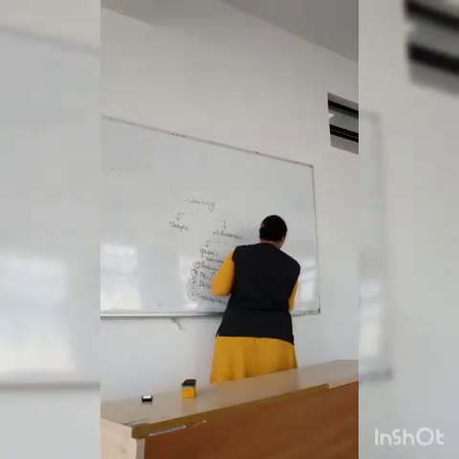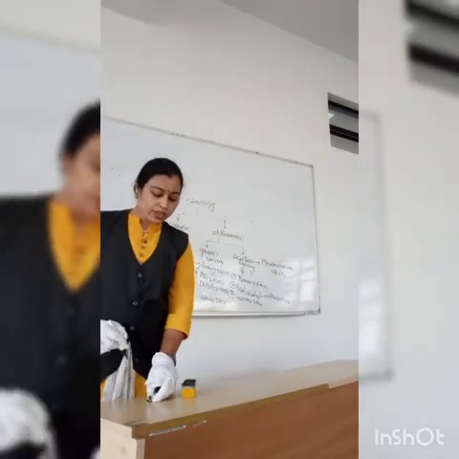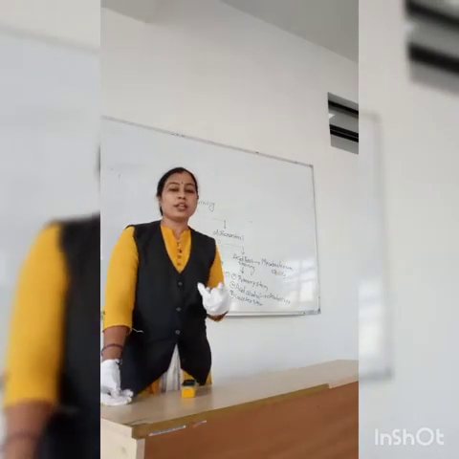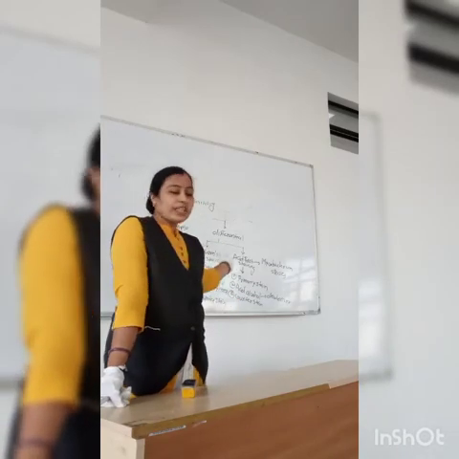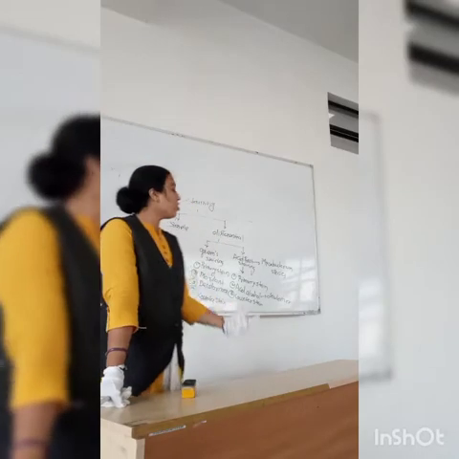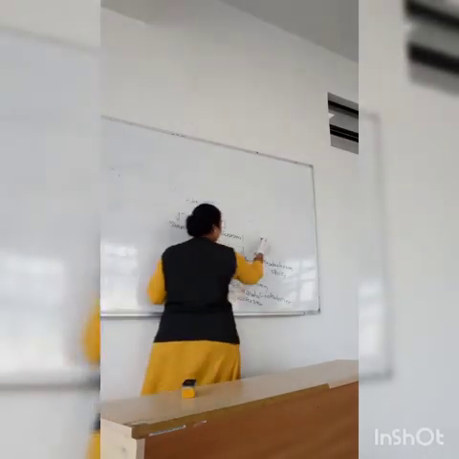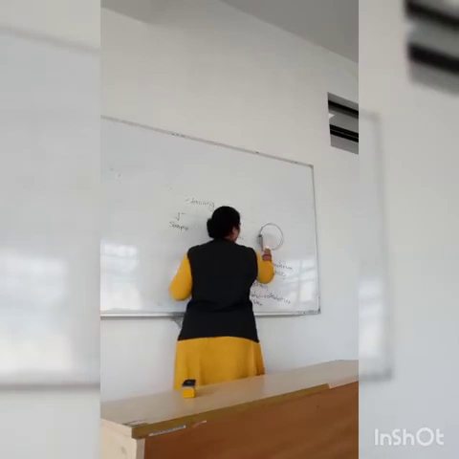Mycobacterium species is one of the species which cannot be stained by any ordinary staining method. With the help of gram staining we cannot stain these cells. Why? Because the Mycobacterium species has a thick cell wall made up of mycolic acid.